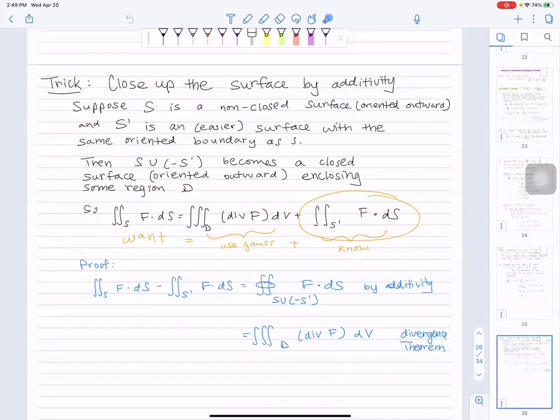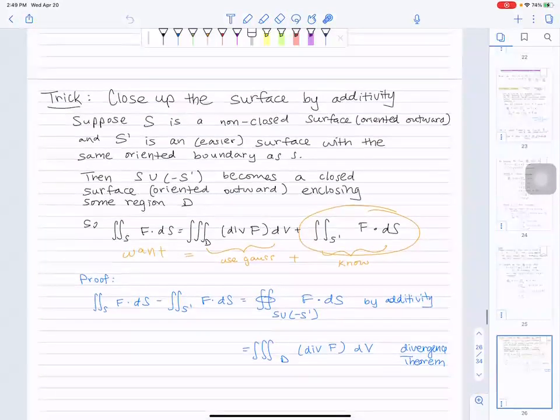So why is the total flux 0? Usually it's 0 because you're doing the divergence, and when you do the divergence, things start to cancel out and you end up getting 0 for most problems.